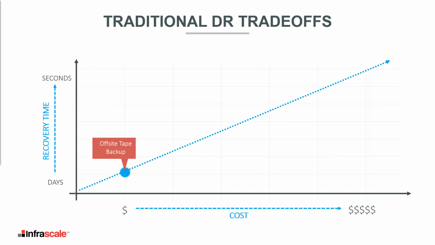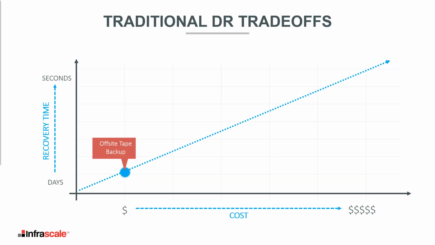On one end of the spectrum here, this is what we were just talking about with Carla, right? You have off-site tape backup. Back in the day, this was the primary way that we were protecting data, but it's unreliable, and it still is. How often do you end up testing those tape backups? What if you pull one of them out and it fails? You have a bad disk.